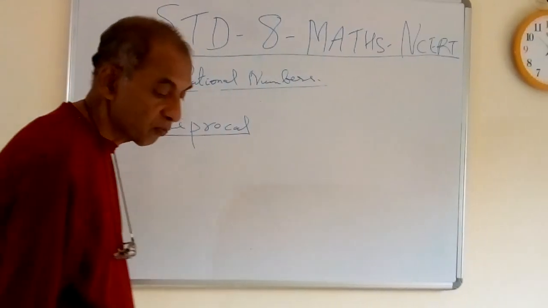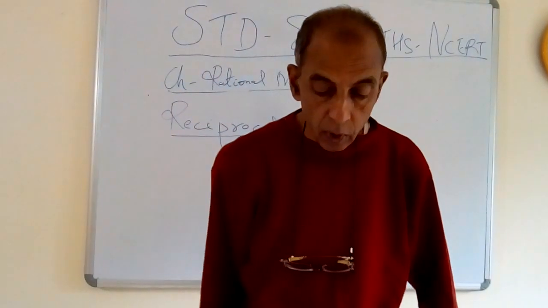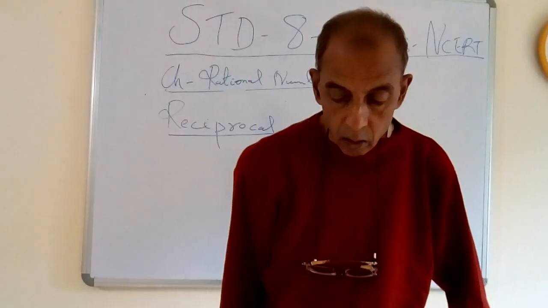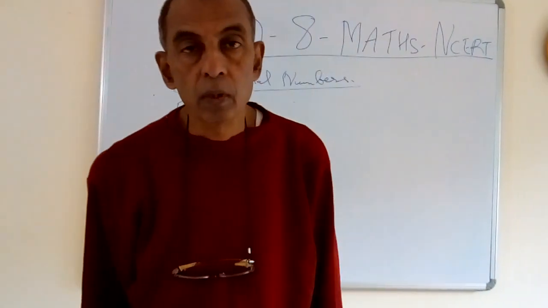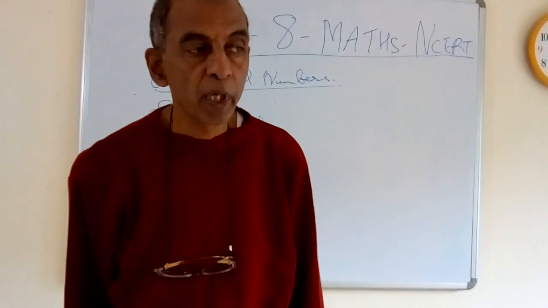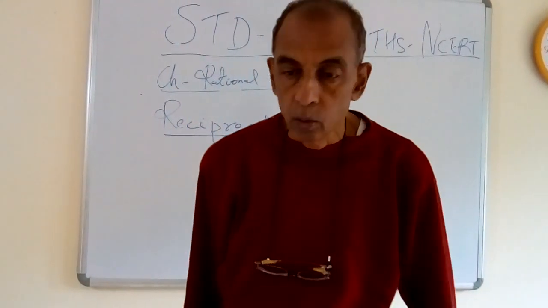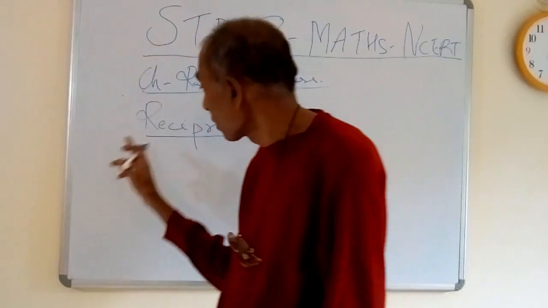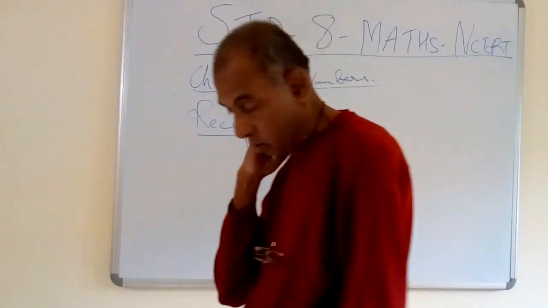So reciprocal is for multiplication. If you multiply two numbers, the answer that you should get is 1. Those are called reciprocals for rational numbers.